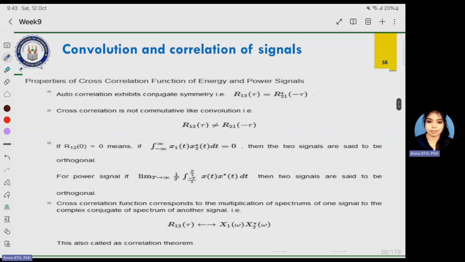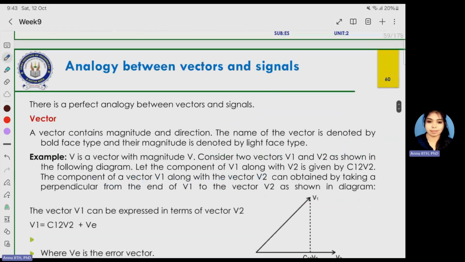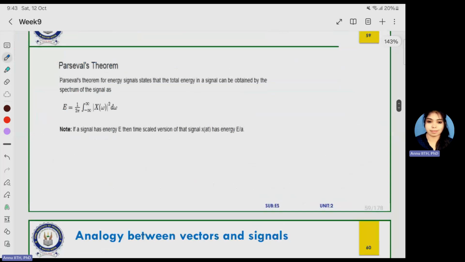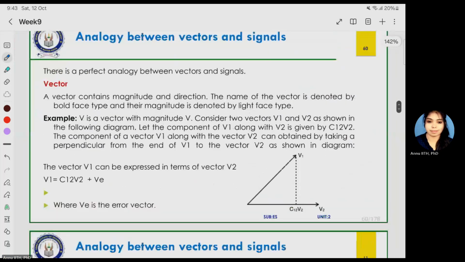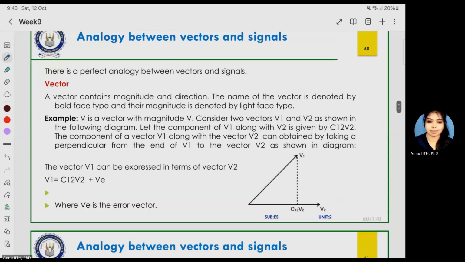Just give a look at your chart. Analogy between vectors and signals. These are Parseval's energy theorems. I hope it is clear.